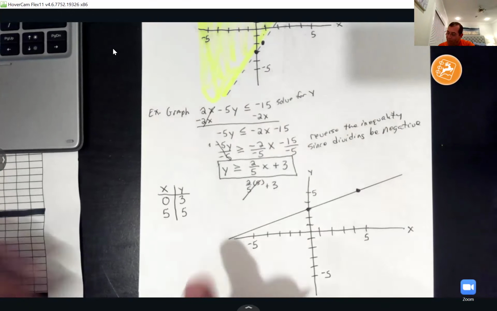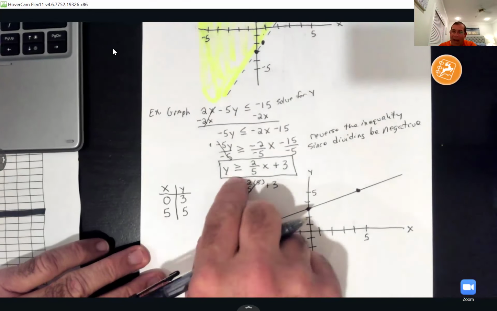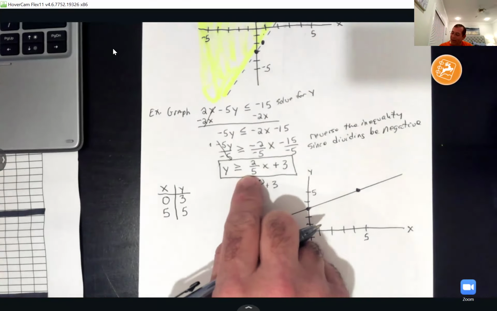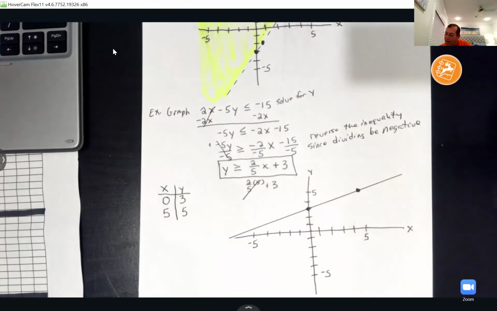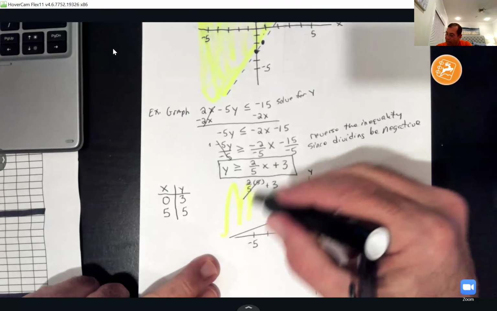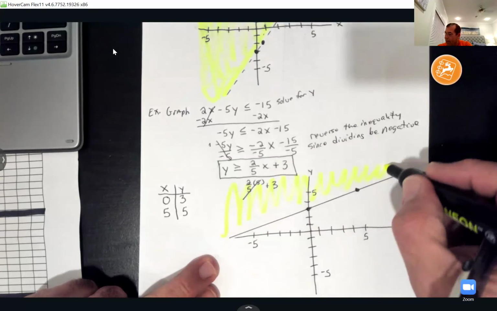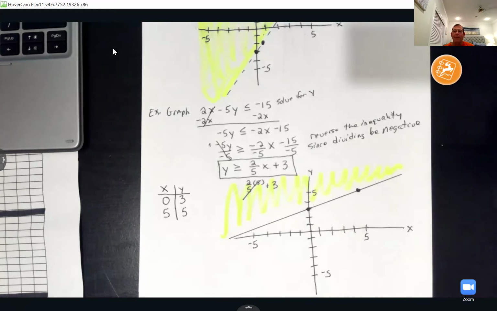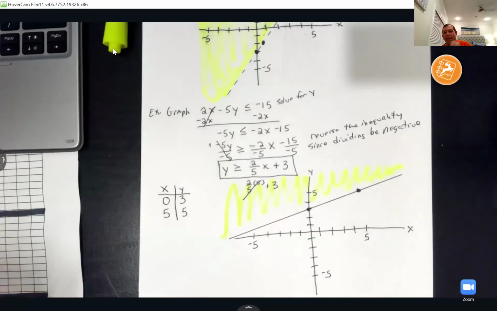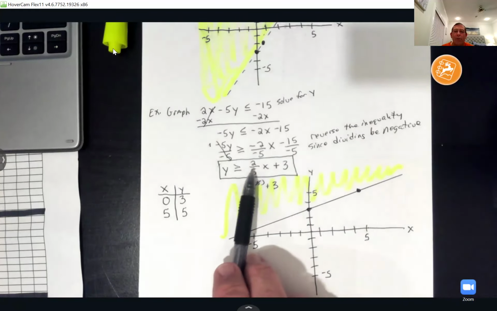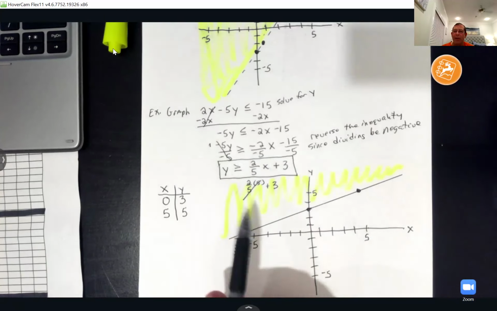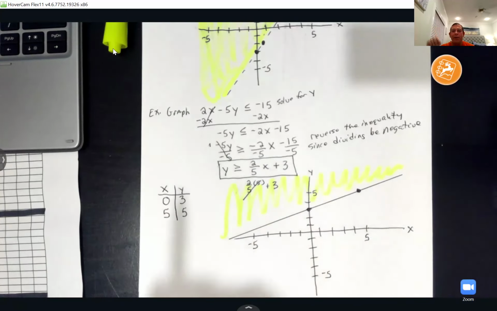Now remember, when you do the shading, go by the final equation. That final equation is greater than, so you're going to come above the line and shade it. Okay. All right, like I said, if you do it on the calculator, just go to Y1, plug this in, arrow left, use the triangle above that's bigger, hit graph, and be done, okay?